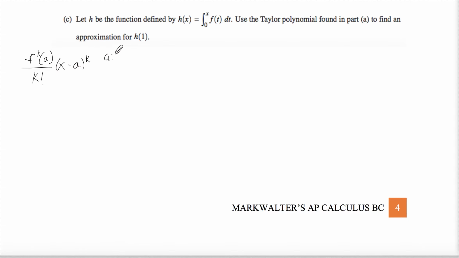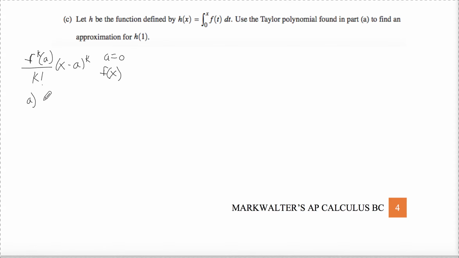In this case, a is 0. And our f of x function, we don't have explicitly, but we do have a graph of it, right? So to write out our Taylor polynomial, this is going to be for part A.